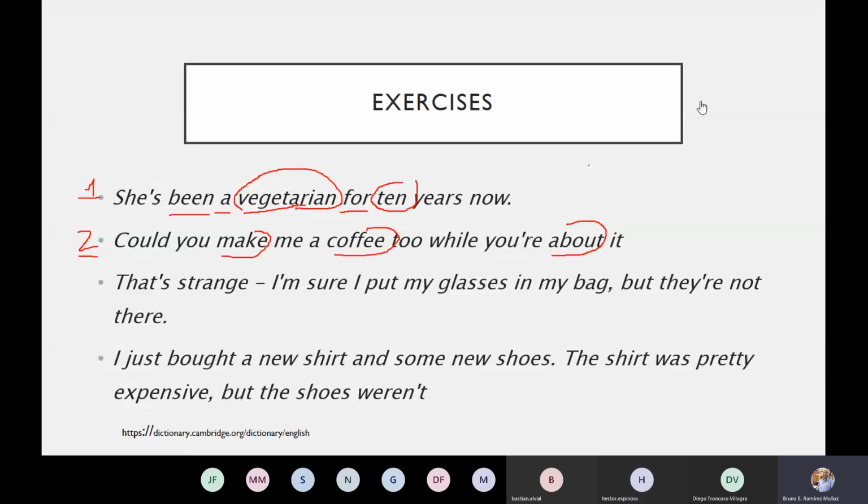So in this section, the strong forms are sure, put, glasses, and bag. Completely agree with you. The other words should be pronounced using the weak forms, right? Now we need to pay attention to the first one, I'm, because I'm is technically not a weak form.